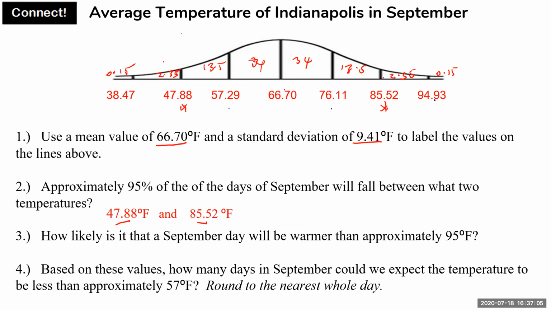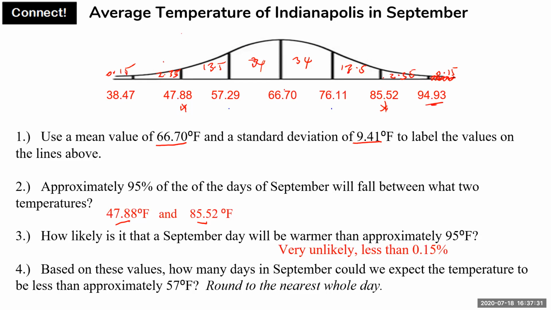These are temperatures, so the likelihood will be within that region. Is that okay? So you say that that is very unlikely, less than 0.15, because the region here takes the percentage of 0.15%. Is that okay?